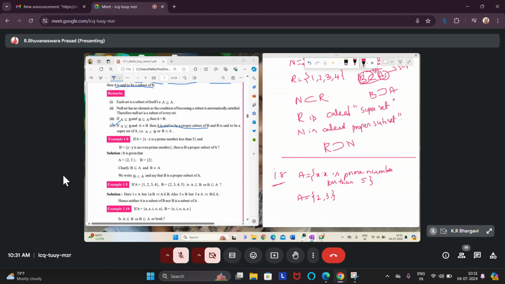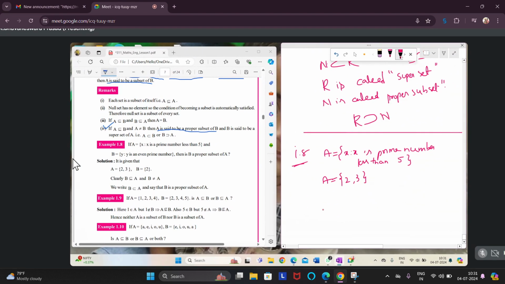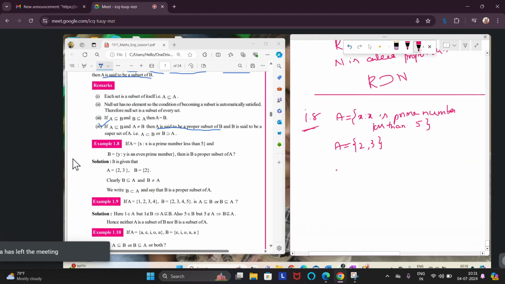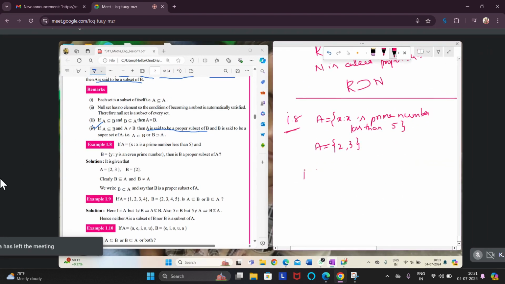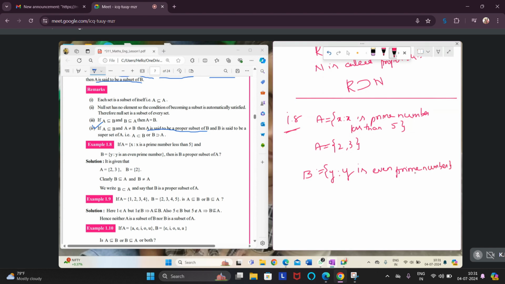I think 3, 2, sir. Yeah. And the next set is b. So y such that y is an even prime number. 2, sir. 2 only, sir. So b equals set 2. I think now a equals 2 comma 3.